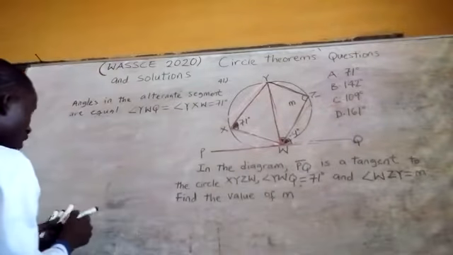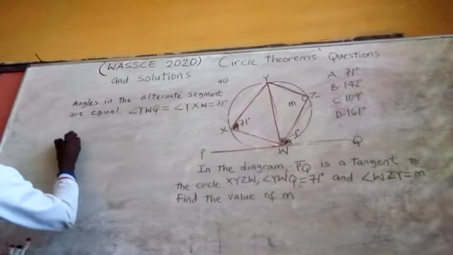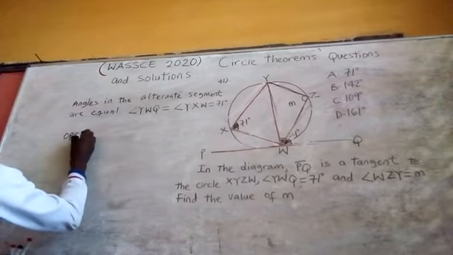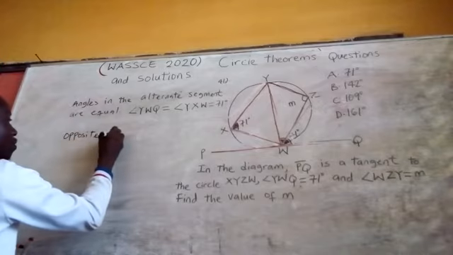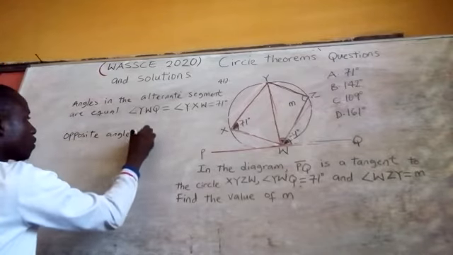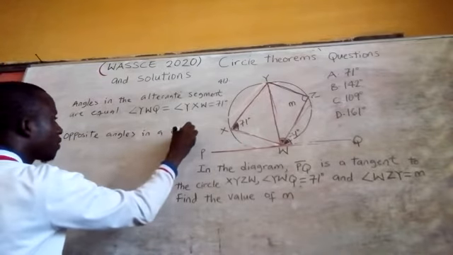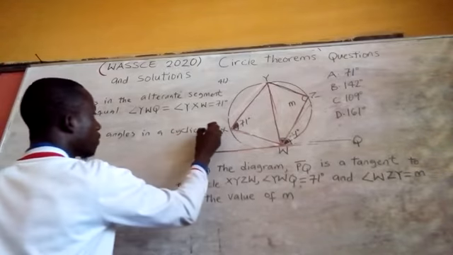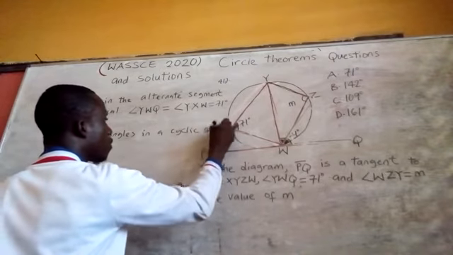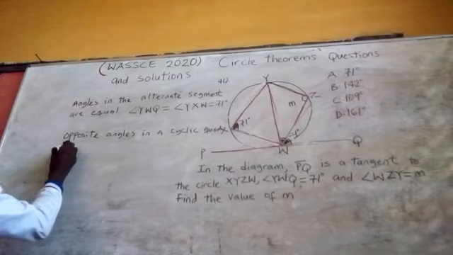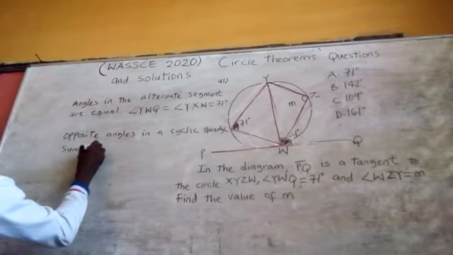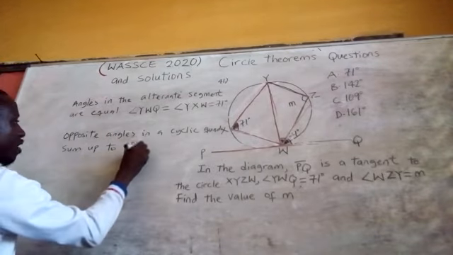So we come there and we say opposite angles in a cyclic quadrilateral sum up to 180 degrees.